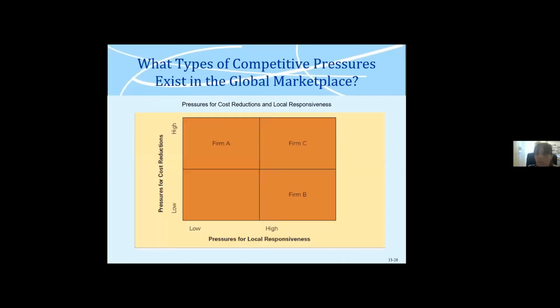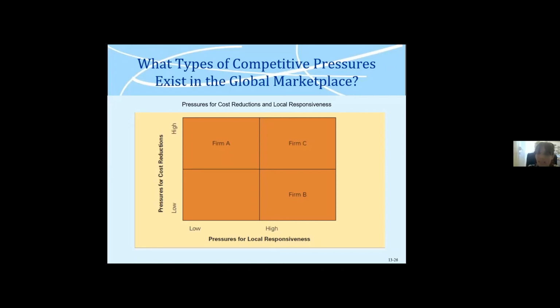Some enterprises that operate globally, for example, as you can see from the figure, such as firm A, face high pressure for cost reduction and low pressure for local responsiveness, and others, such as firm B, face low pressure for cost reduction and high pressure for local responsiveness. Many companies are in the position of C. They face high pressure for both cost reduction and local responsiveness.